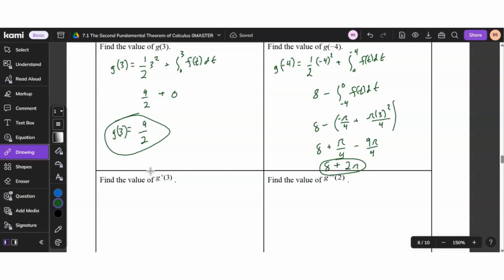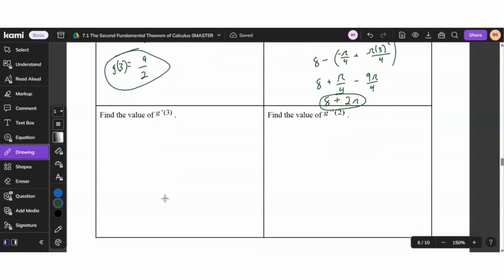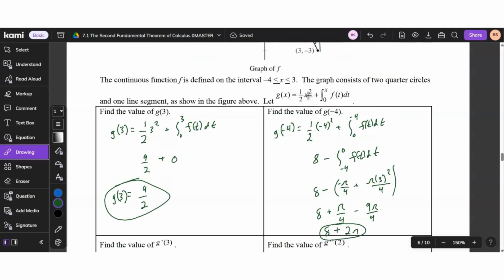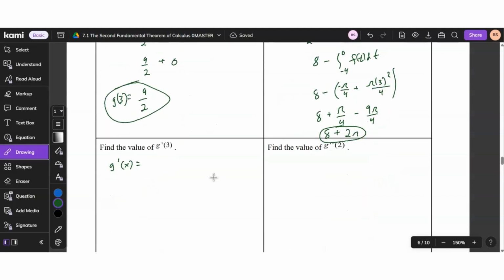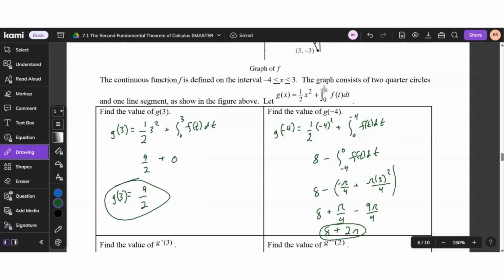All right, and then last thing here, let's use that second fundamental theorem. So now to find g prime of 3, let's start by doing g prime of x for you. So we had 1/2 x squared, that just becomes x, plus f of x times 1, because, again, this part of the function is just x, and when we take the derivative, that's just 1.